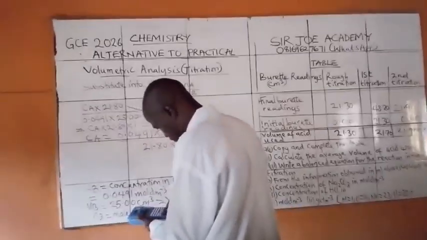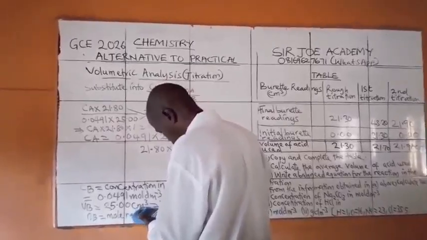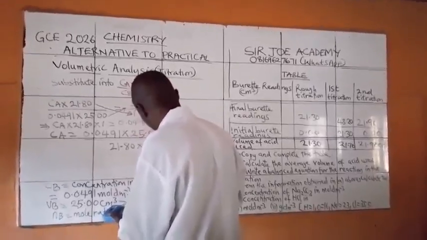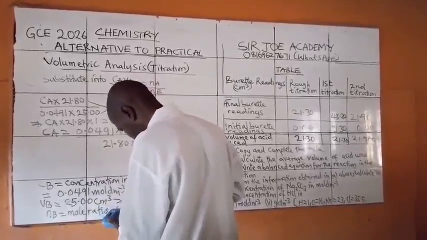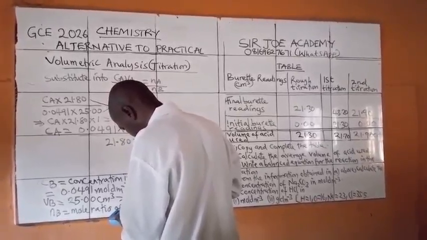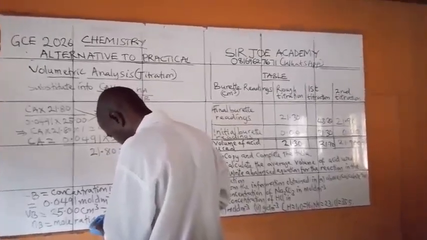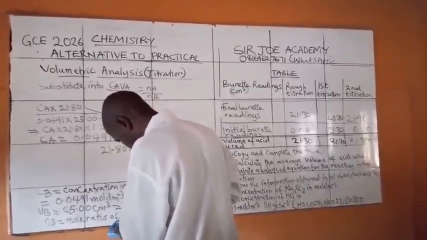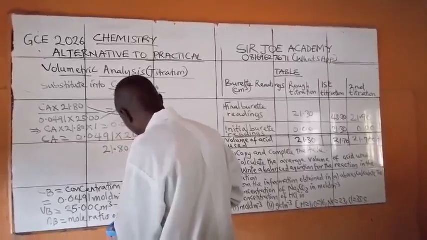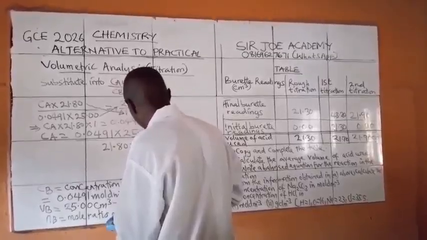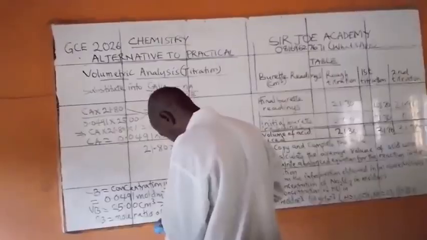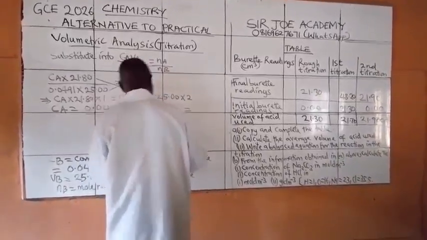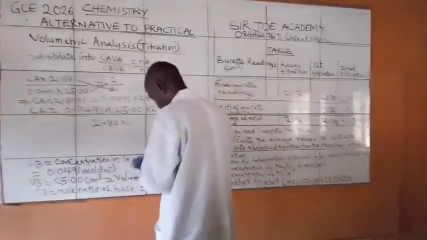So we now have 0.0491 times 25.00 times 2 divided by 21.80. So we have 0.1126.